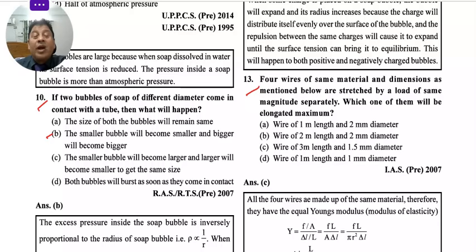See, wire of 1 meter length and 2 meter diameter, no. Wire of 2 meter length and 2 meter diameter, no. Wire of 3 meter length and 1.5 meter diameter. Wire of 1 meter length and 1.1 meter diameter, no. Right response is C.